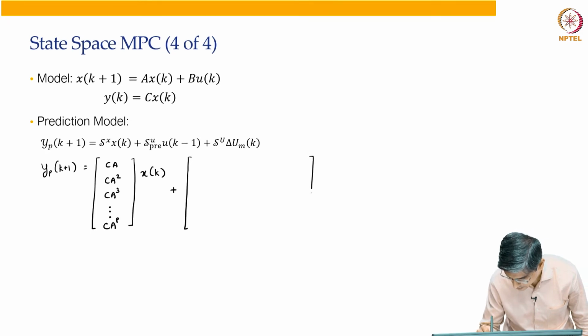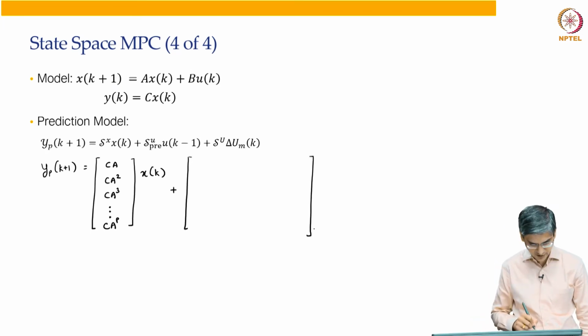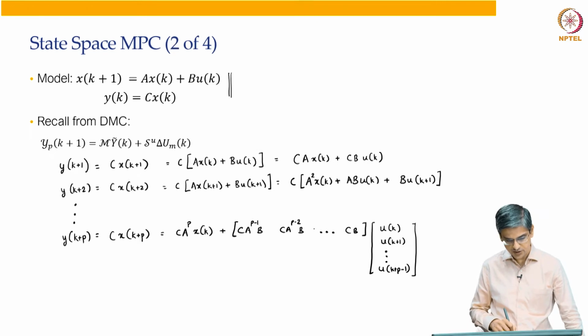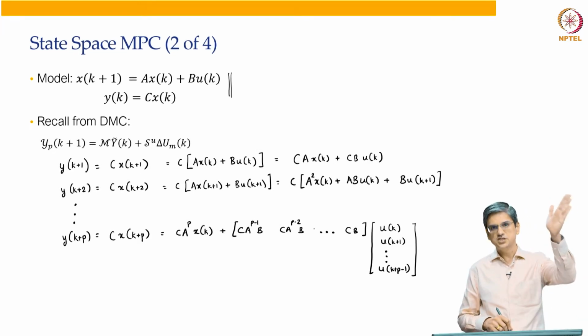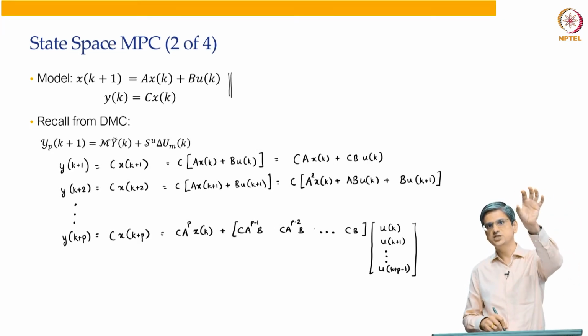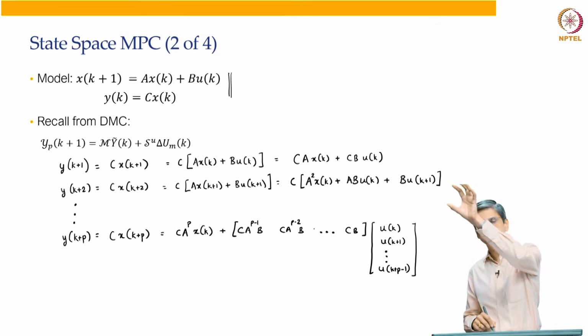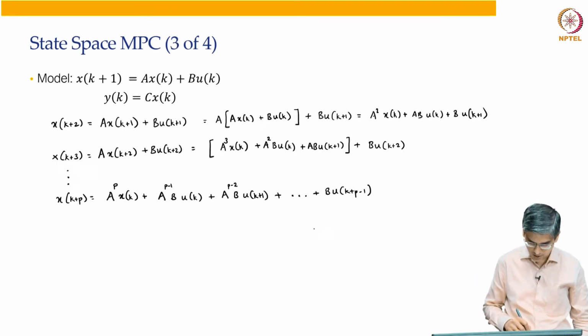plus we have this entire box which is going to be c b multiplied by u k plus 0 multiplied by u k plus 1 plus 0 multiplied by u k plus 2 and so on, right.